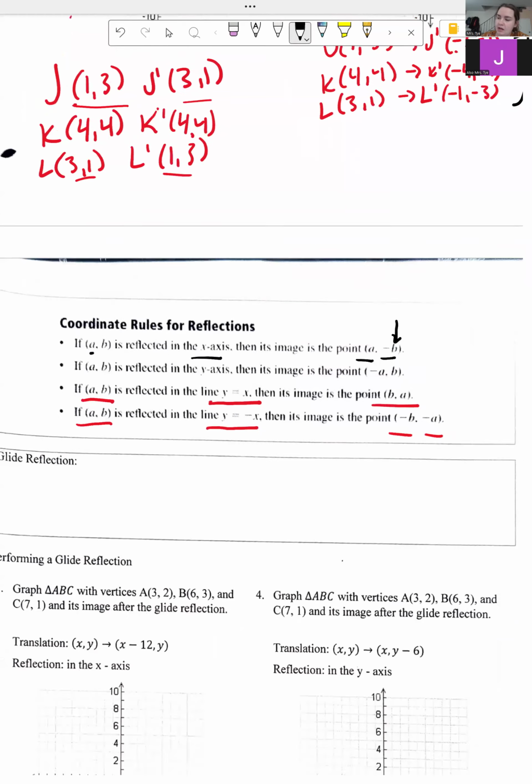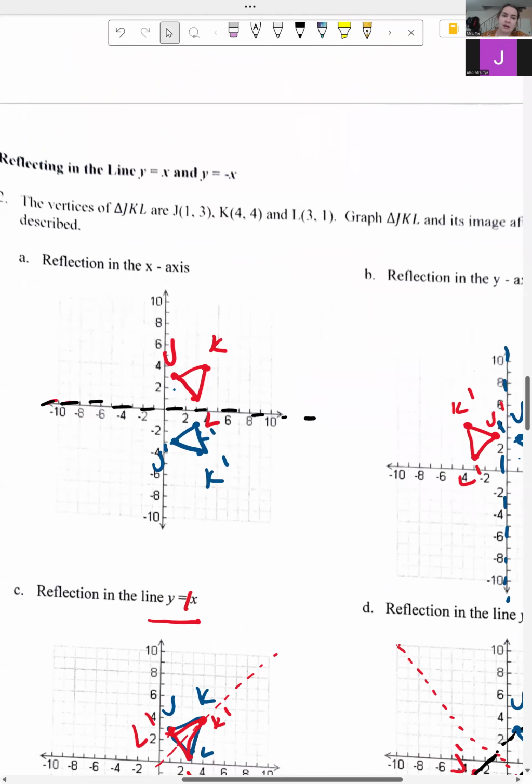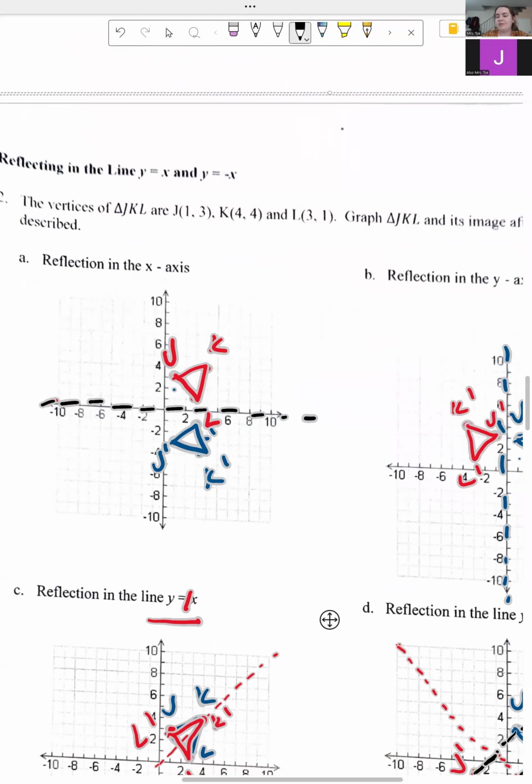And we can see that in what we did. On A, we were flipping over the x-axis, so we flipped down. All these x values stayed exactly the same. We didn't shift left or right. We moved it down, which means my positive y values all became negative y values. So that's why your y value will become negative, or if they were already negative, they're going to flip to be positive. Okay.